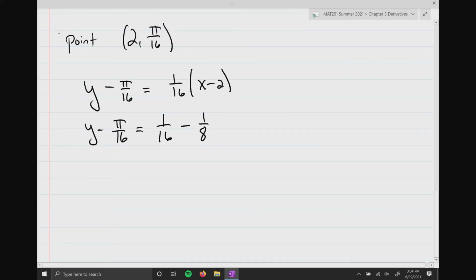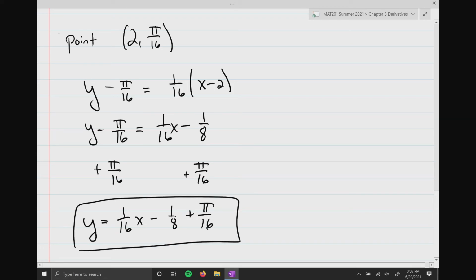And lastly, I'm just going to add pi over 16 to both sides to give me y equals, oh, I forgot my x up there, 1/16 x minus 1/8 plus pi over 16. If you really wanted to, you can find a common denominator between the 8 and the 16 and make that one big numerator. But you don't have to if you don't want to.